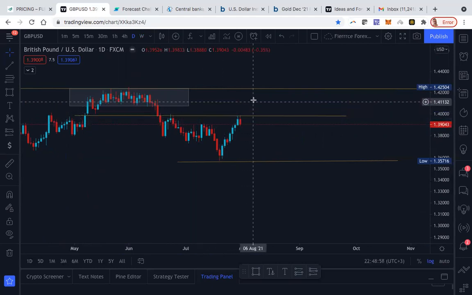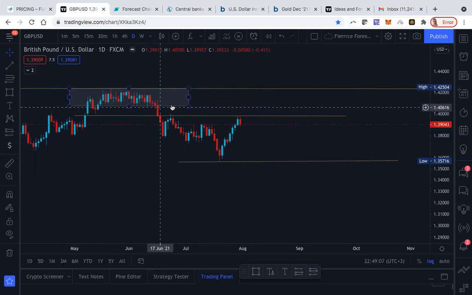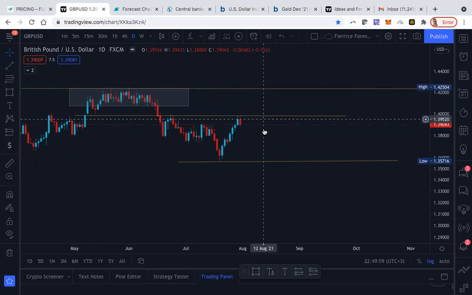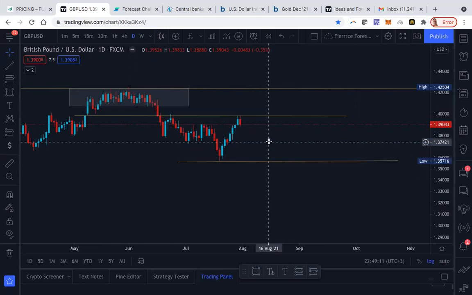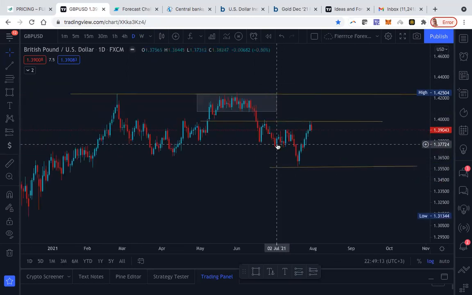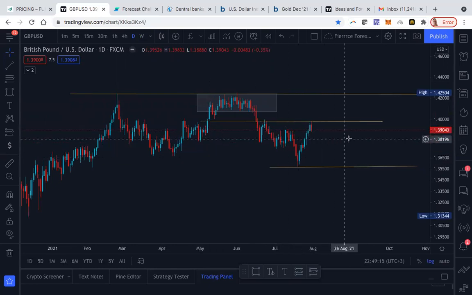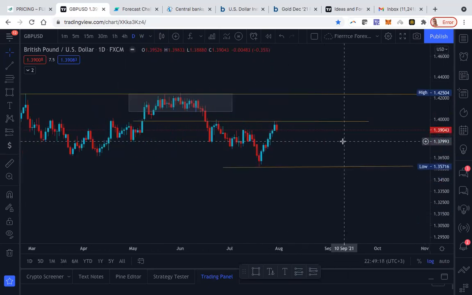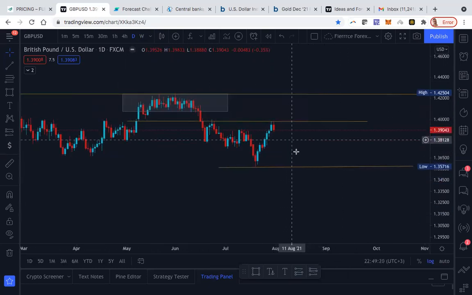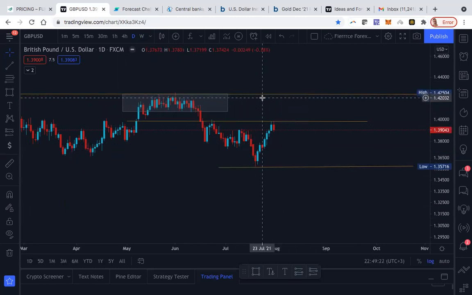So there's that potential to move back into this zone. And if that does happen, I am anticipating a rejection, which might be a very strong rejection to the downside. So I'm bearish on GU in the longer term.